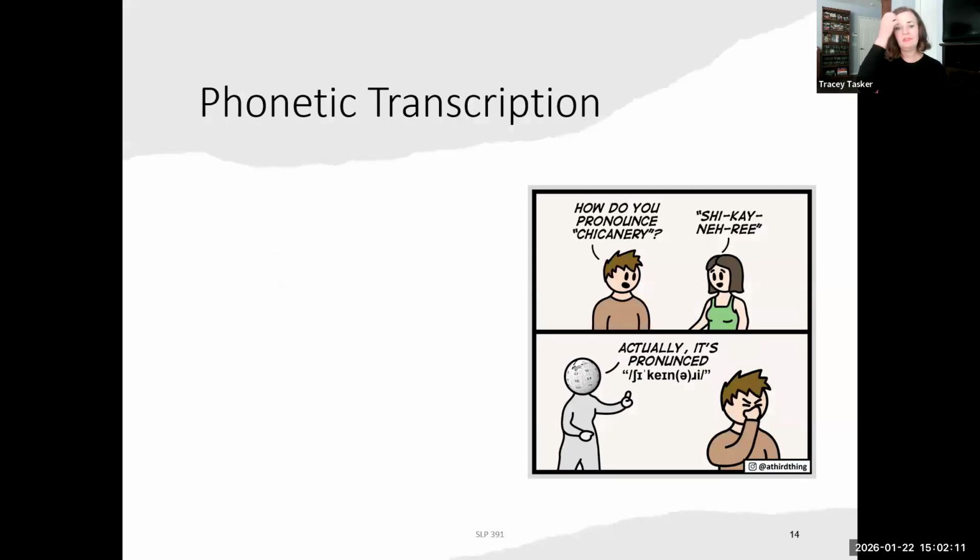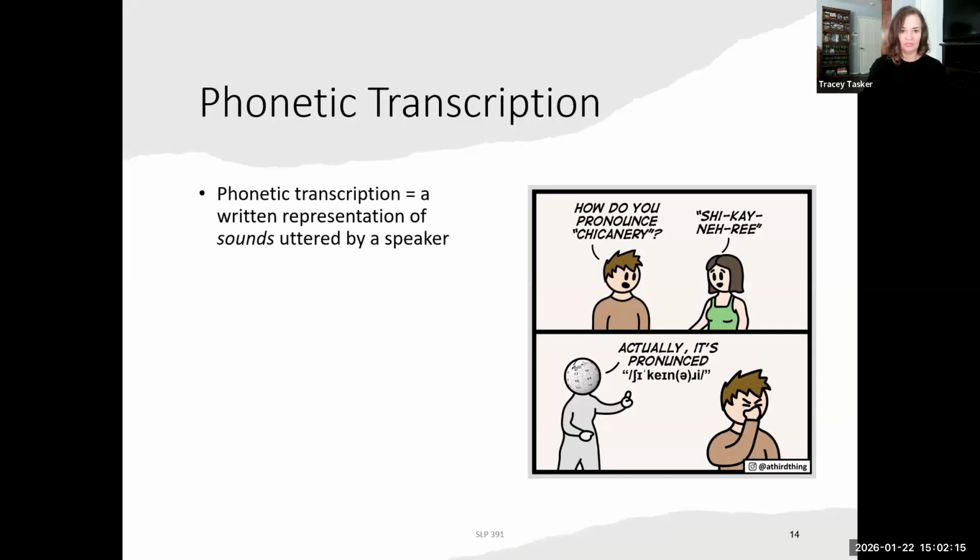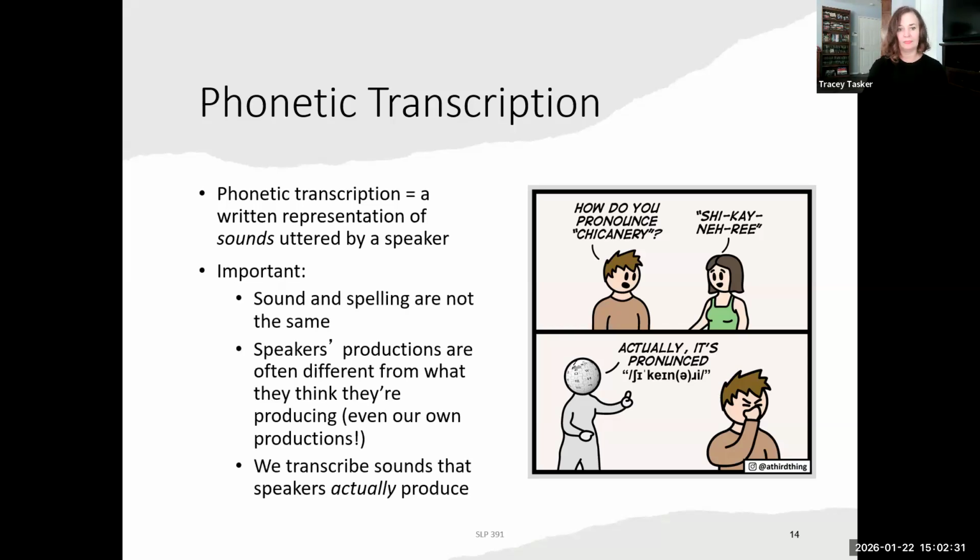We are going to be doing quite a bit of phonetic transcription. So phonetic transcription is really us being able to listen to someone and then write down what we heard, the one-to-one correspondence with the sounds they produced.